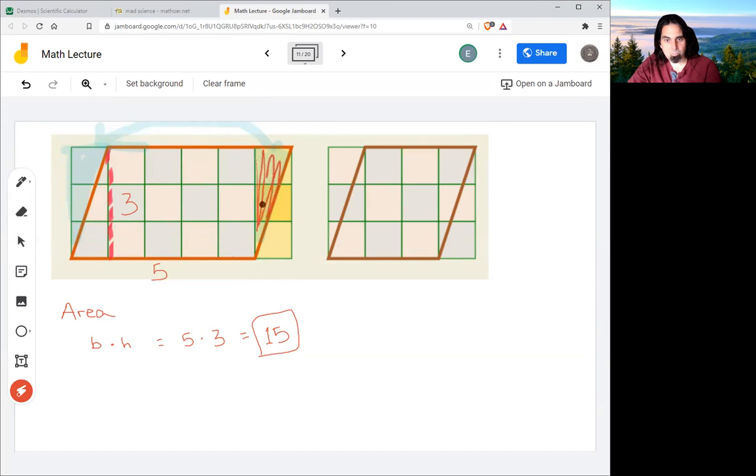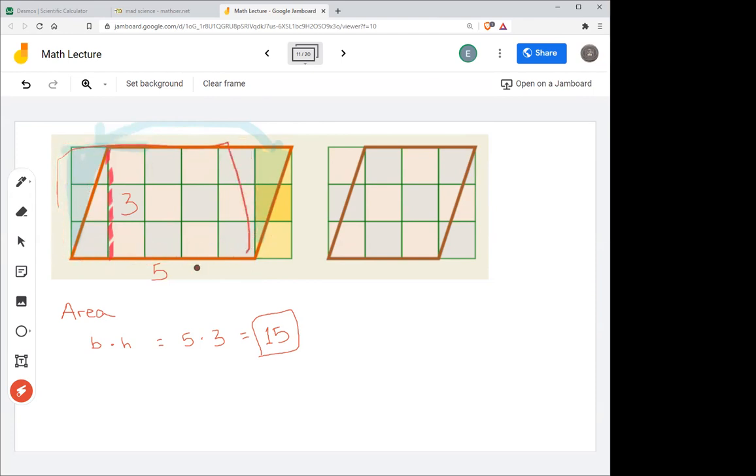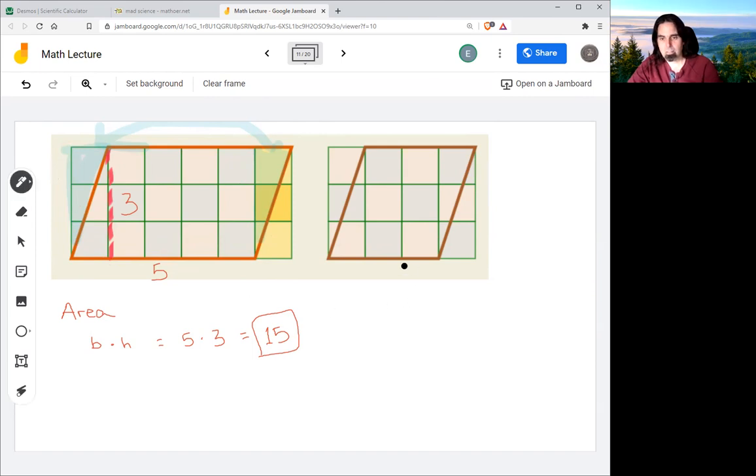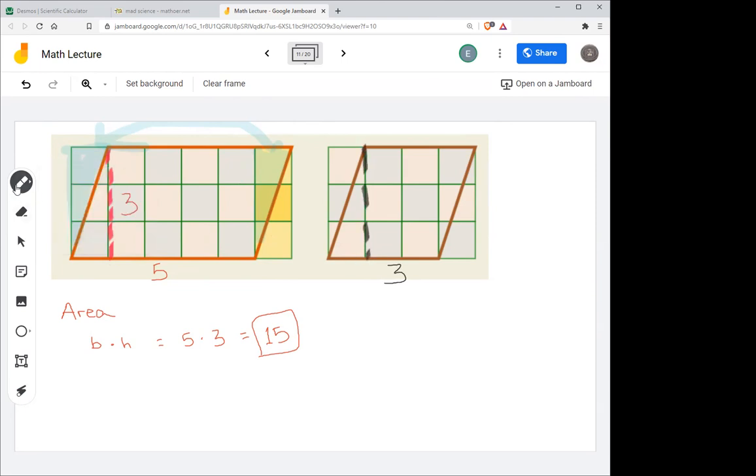Everyone see taking this piece and moving it here? Then you just have this rectangle, which is 3 times 5. How about the brown one? 1, 2, 3, 3.